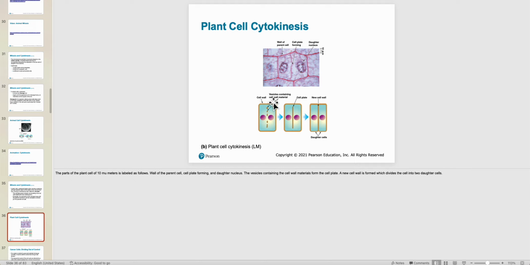Here, I see a physical plate forming. Remember, only plants have cell walls. Remember that chapter I told you to make flashcards for the parts of a cell for both animal and plant? Well, you know plants have a cell wall, but they actually have something called a cell plate that forms between them. And then you get the two new cells from that. Okay, next slide.